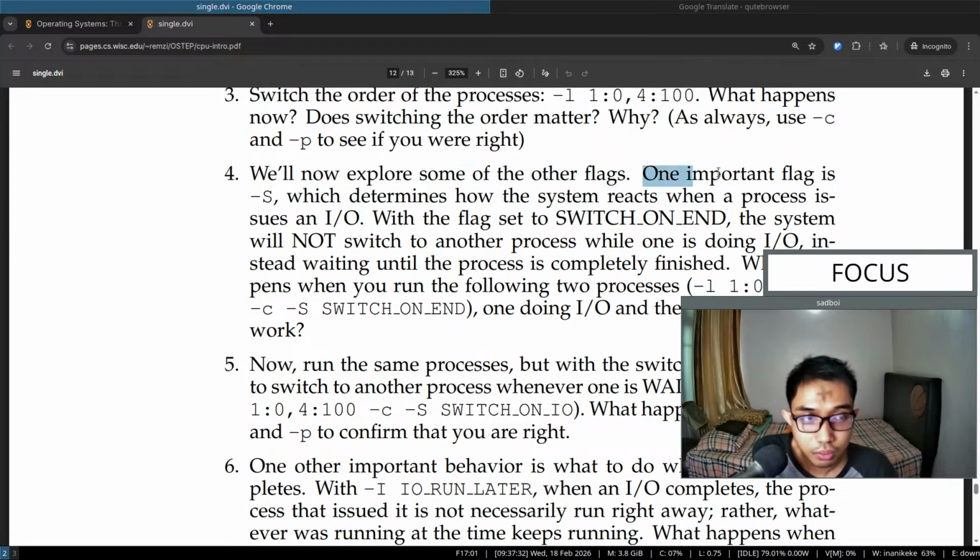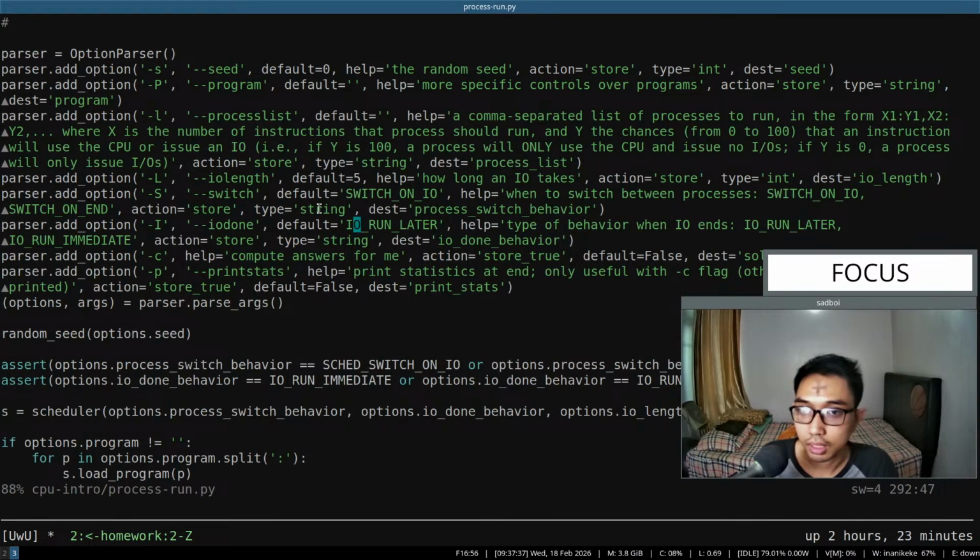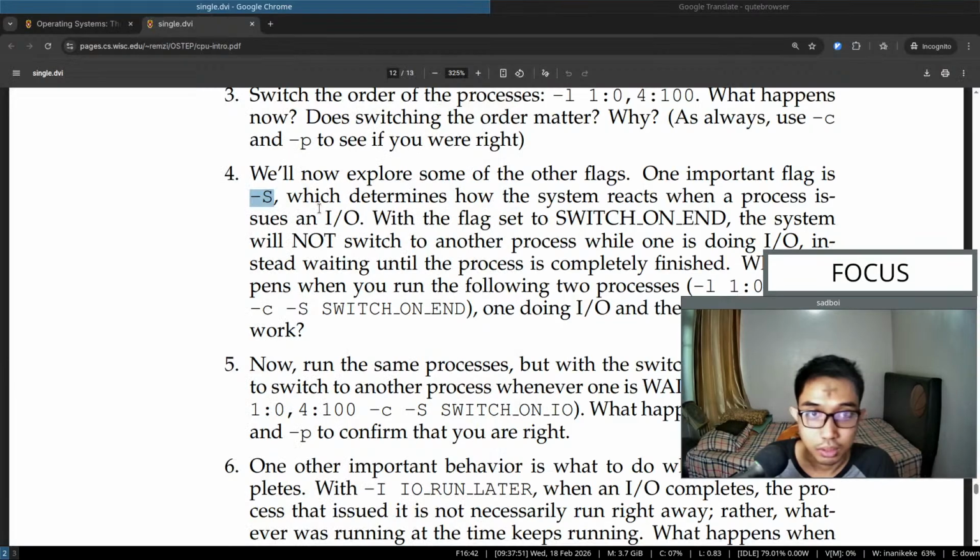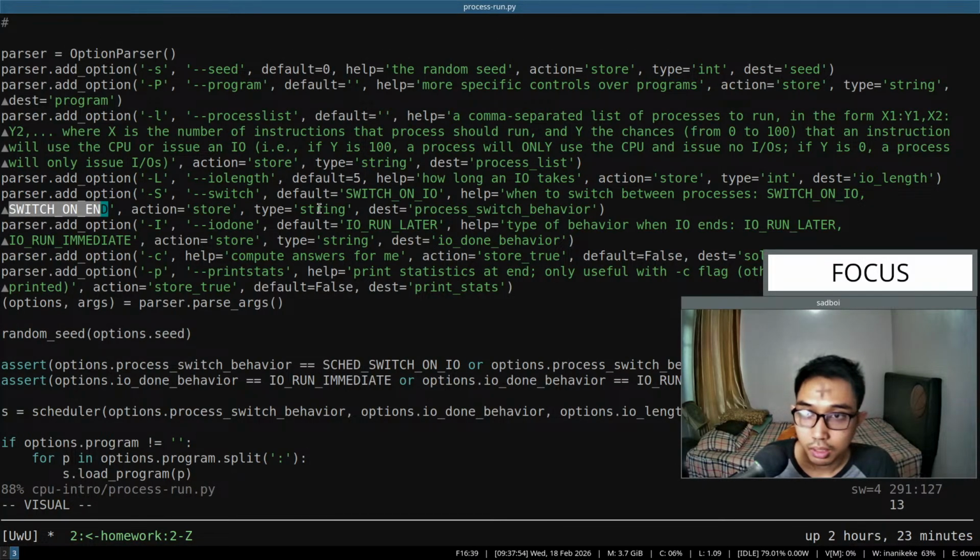Okay, one important flag is this S. Let's take a look at this. The default is switch on input-output, and the other one is switch on N. I'm still not sure what kind of policy this is, what requirement switch on N needs, and what switch on input-output means.